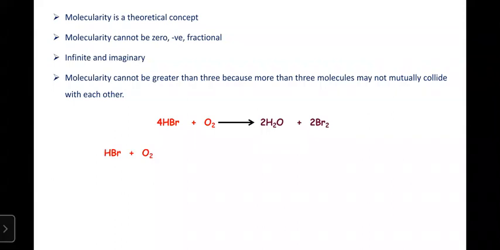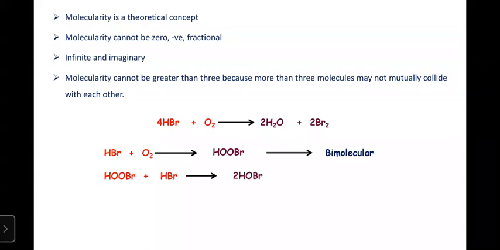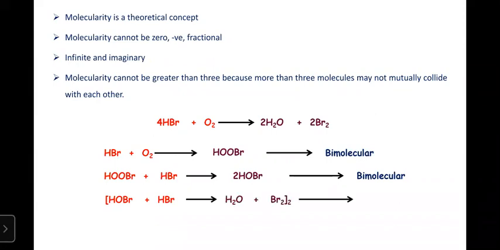The first step is bimolecular, the second step is also bimolecular, and the third step is also bimolecular. In this way, we define the molecularity with respect to a complex reaction.